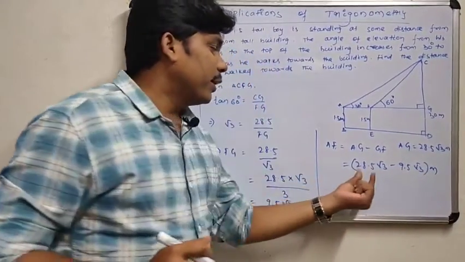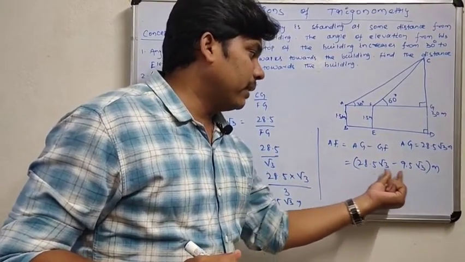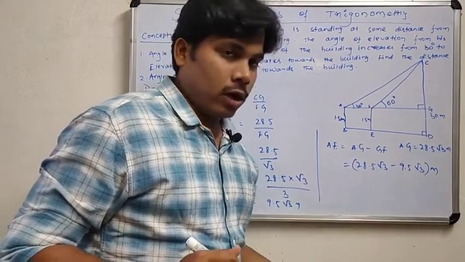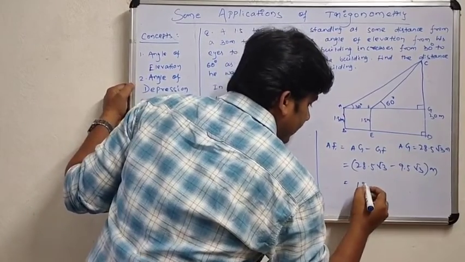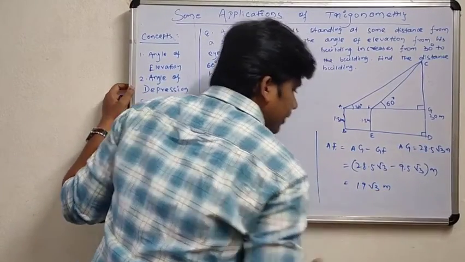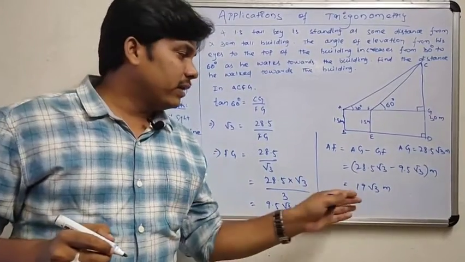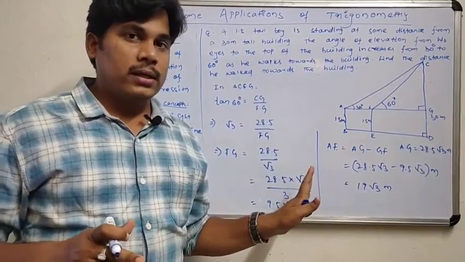As 28.5 root 3 and 9.5 root 3 both have the root 3 common, we can simply subtract the coefficients, and what will I get? 19 root 3 meter. If you put the value of root 3 as 1.732, you will get the value. Otherwise, you can stop the value here only.